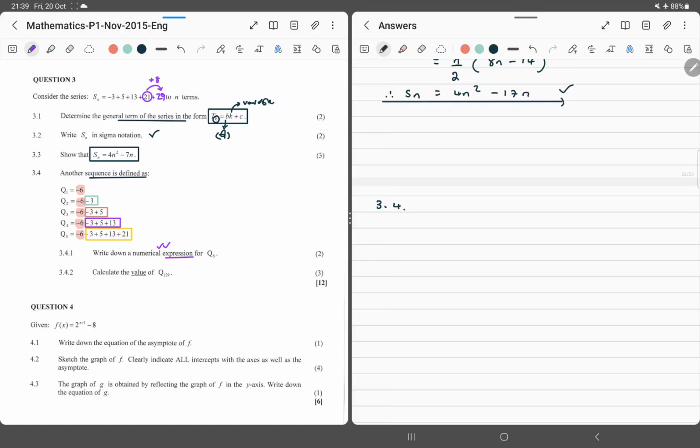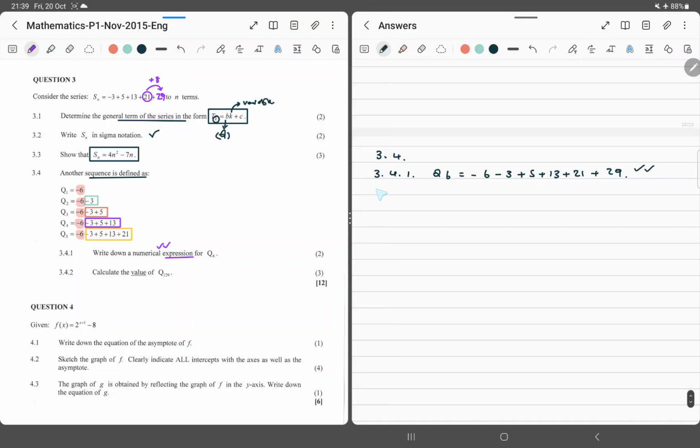So 3.4.1, we know that Q6 is going to be equal to minus 6 minus 3 plus 5 plus 13 plus 21. Now we're adding the next term there, that's going to be 29. Okay, great. So this is the expression, so 2 marks for that.